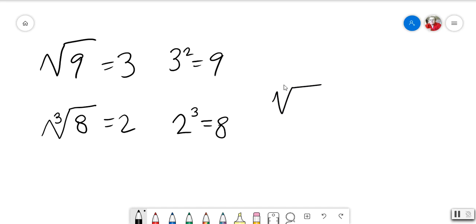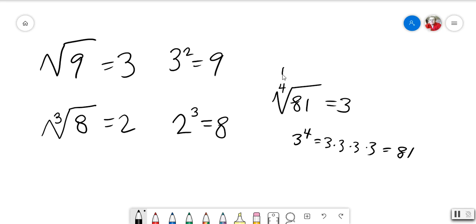Say the fourth root of 81 is 3, because 3 to the fourth, 3 times 3 times 3 times 3 is 81.